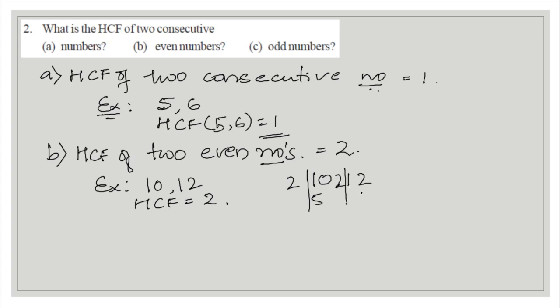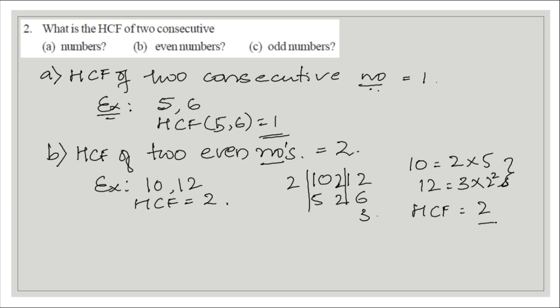Divide 12, we get 2 times 6, 2 times 3. So 10 is the product of 2 and 5. 12 is the product of 3 and 2 square. So with these two, I can find out the highest common factor. We need to find the common factor with the lowest power. The lowest power is 1. So the highest common factor is 2.